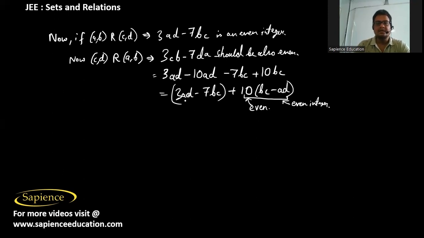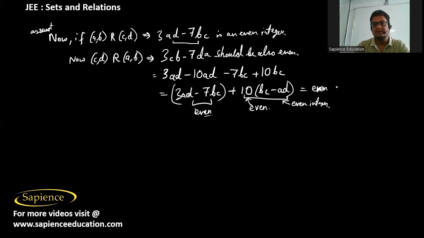And as we have shown that 3ad minus 7bc is an even integer, which was our assumption, this is also an even integer. So even number plus even number will also be an even number only.